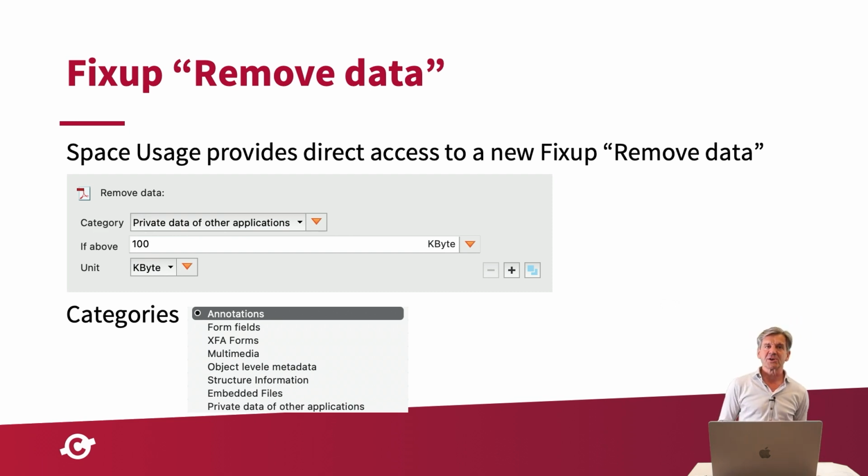It should say object level metadata, structure information, embedded files, and private data of other applications. And what is nice for automation, you can say only remove them if they are above a certain limit. In this case, I was using kilobyte, but probably more interesting is that you could also say %. So if that is more than 10% of the PDF file, remove it.